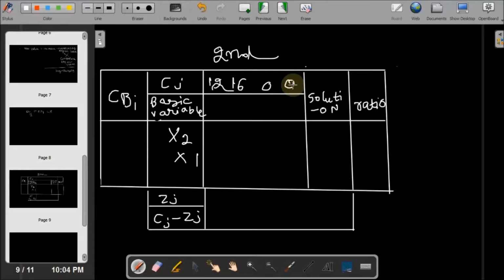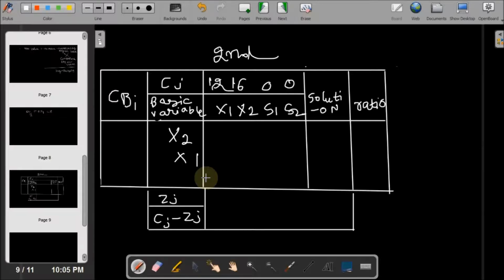Getting? Now the basic variables: x2, x1, S1, S2. This will remain the same. Because S2 went out, instead of that x1 came inside the table.